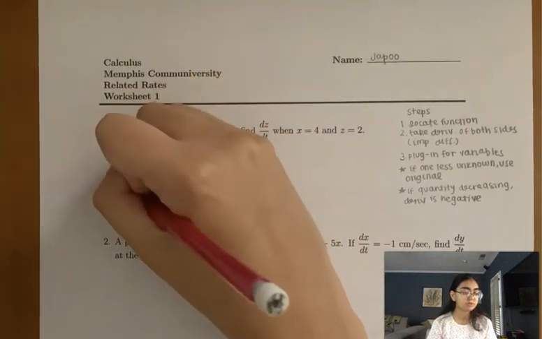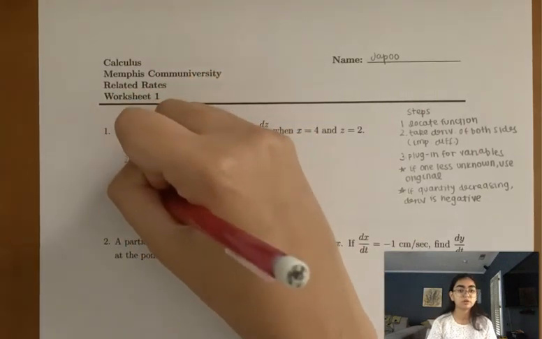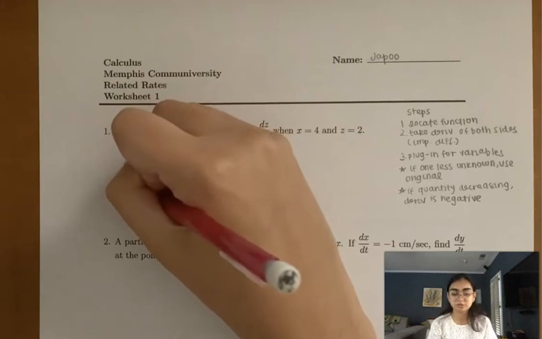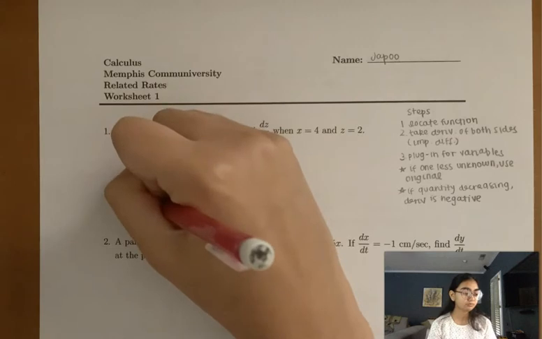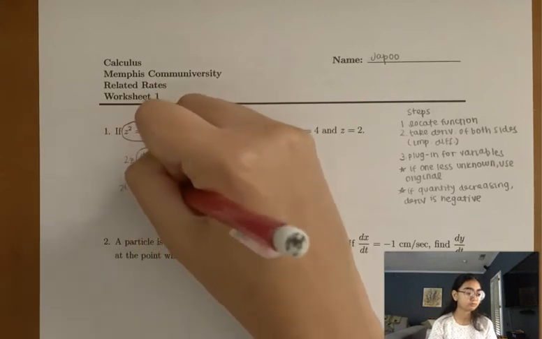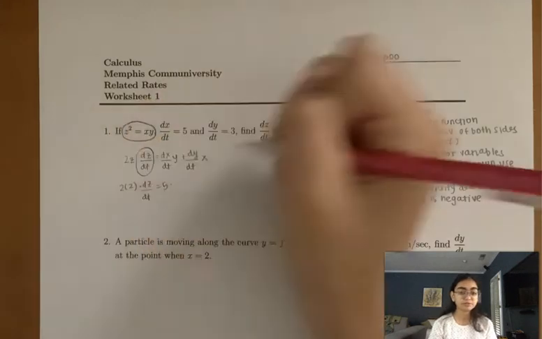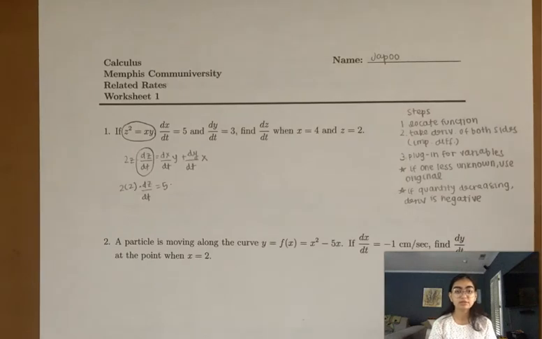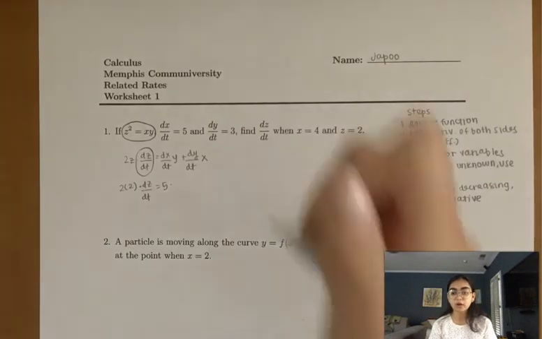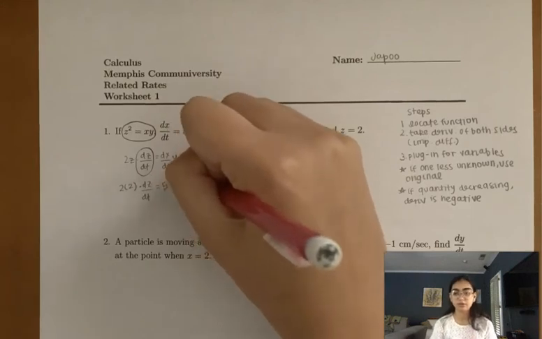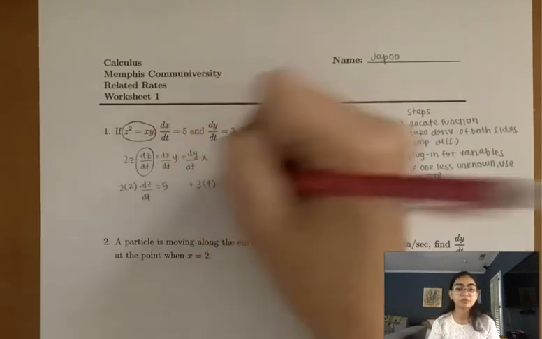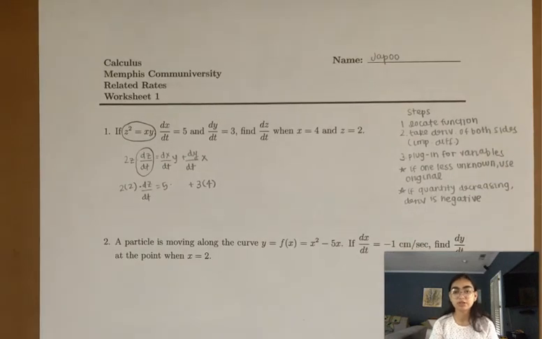So we're going to have 2 times dz over dt, because we don't know that quantity, plus 5 times, and then we're not actually given a quantity for y in the problem, so we're going to have to figure that one out. So I'm going to leave a space for now, plus 3 times 4, and both of those are given.